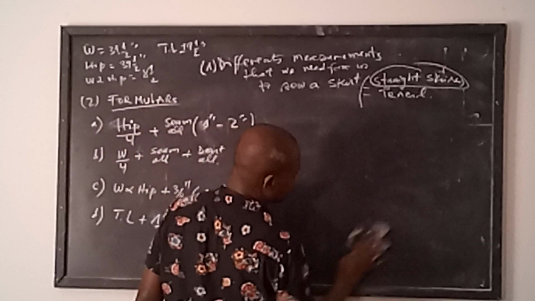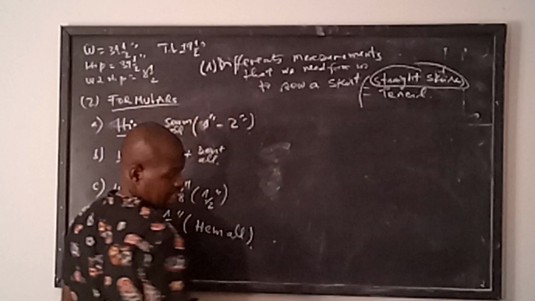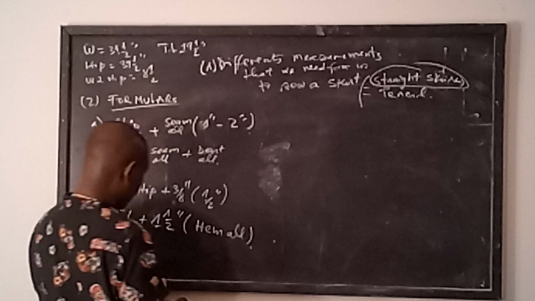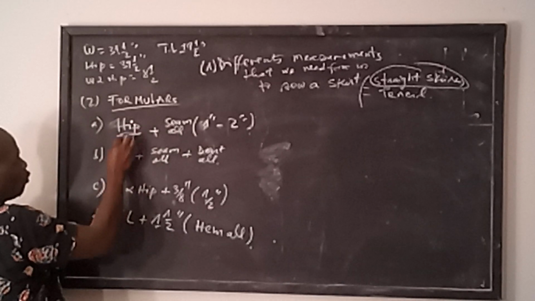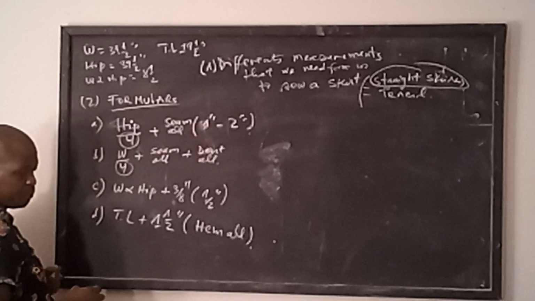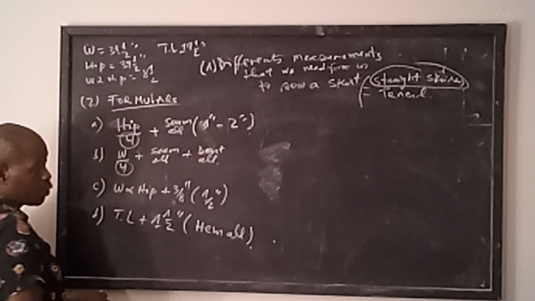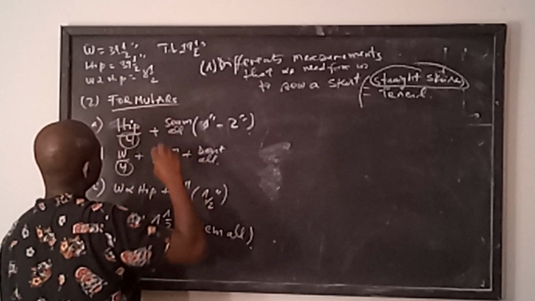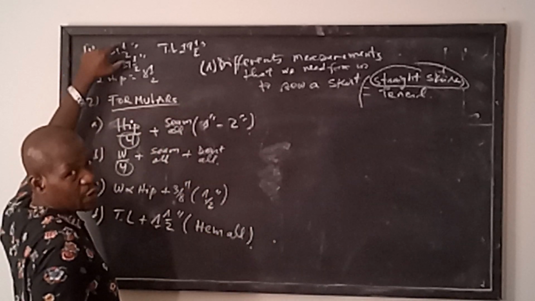So as I was saying, I want to explain why we divide all these measurements by 4, because that's the question people will be asking. It's because of the measurements that we took.